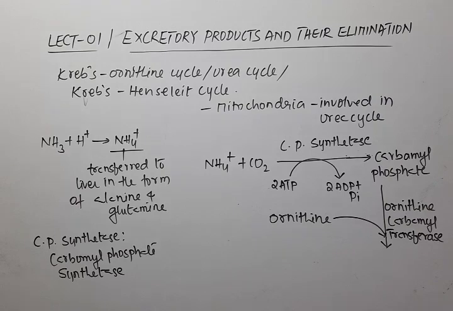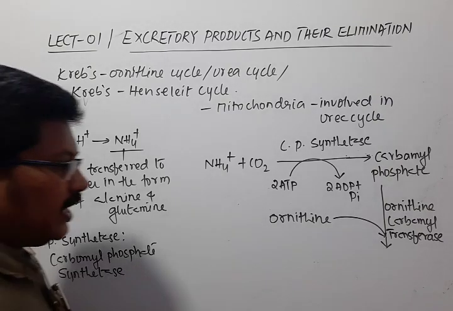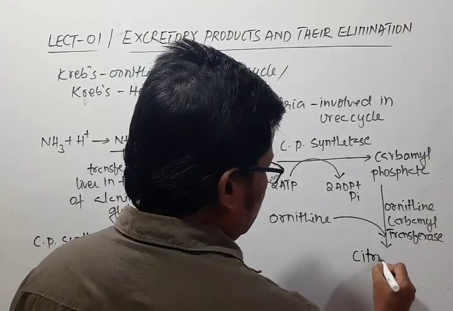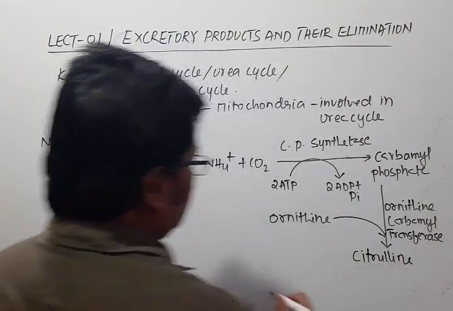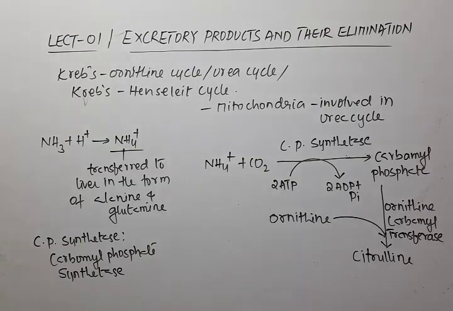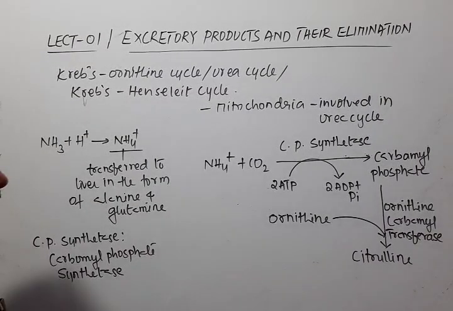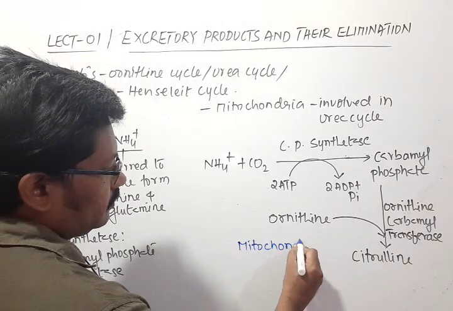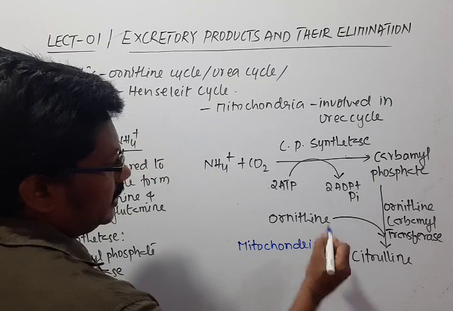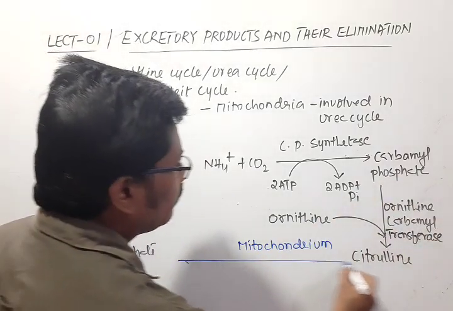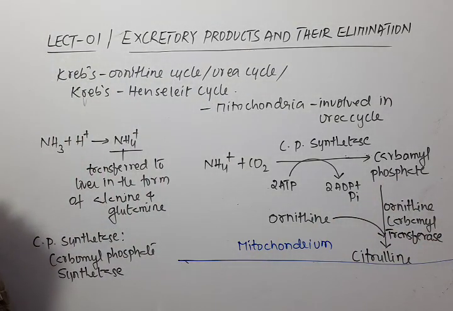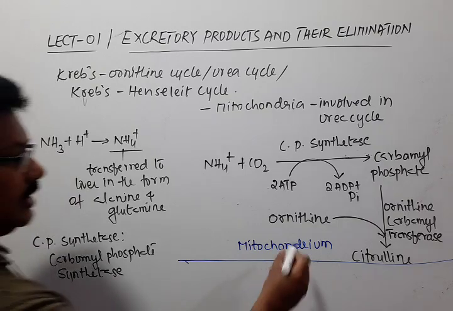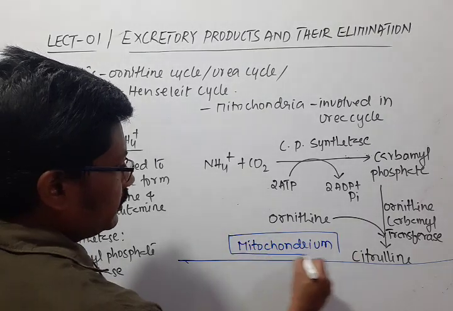Once this is completed, it results in the formation of another substance called citrulline. This whole process takes place in the mitochondria.